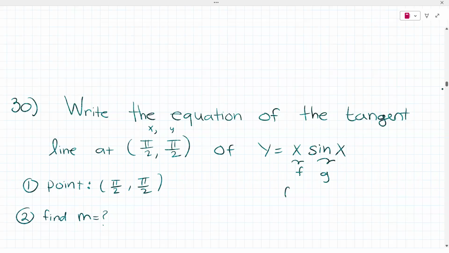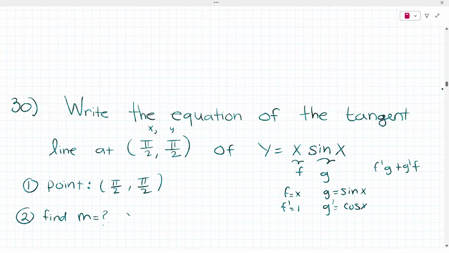Your f is x, your f prime is 1, your g is sine of x, your g prime is cosine of x. So apply the product rule. Product rule is f prime of g plus g prime of f.